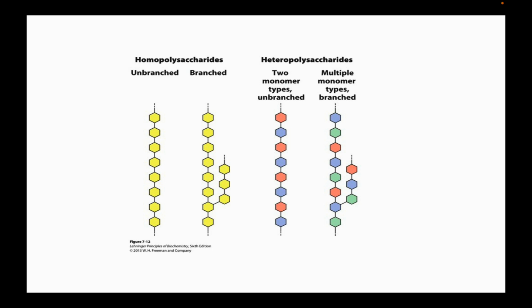Carbohydrates, also known as polysaccharides, can be either homopolysaccharides or heteropolysaccharides, right? Very simple. As the name suggests, homopolysaccharides means the basic unit is the same. If the basic unit is glucose, then cellulose, starch and glycogen are all homopolysaccharides of glucose only.